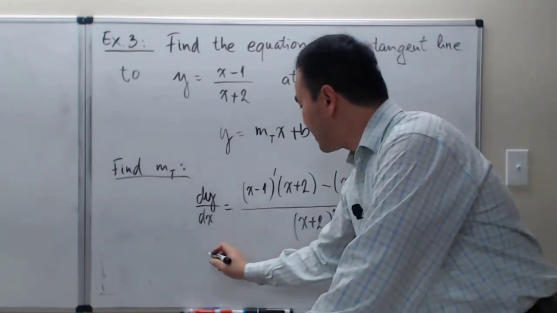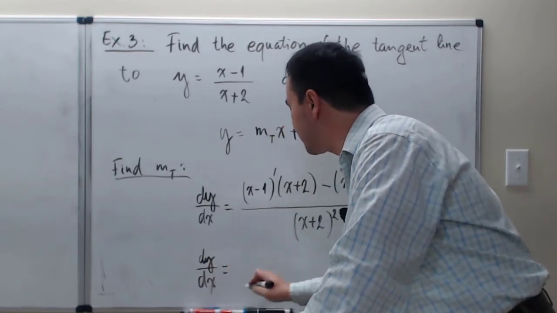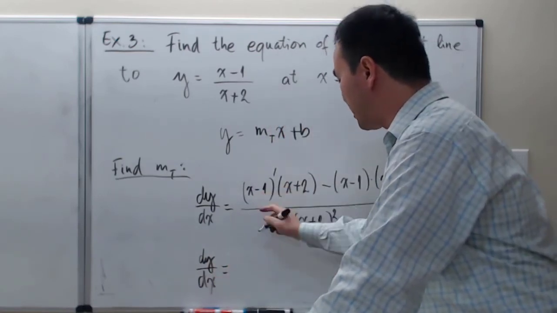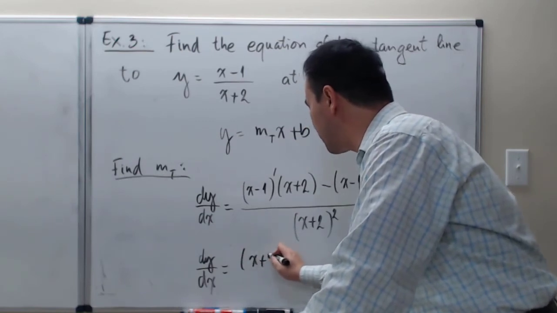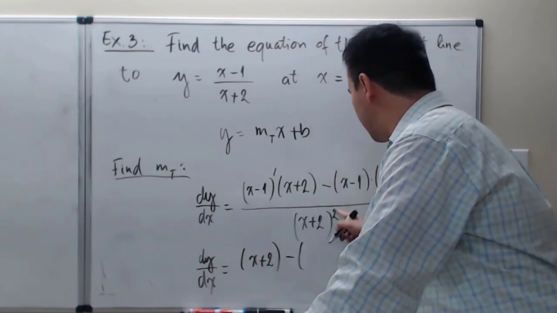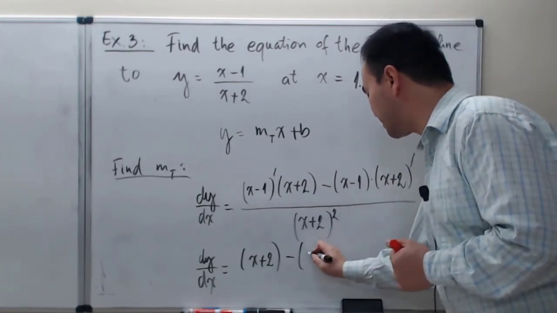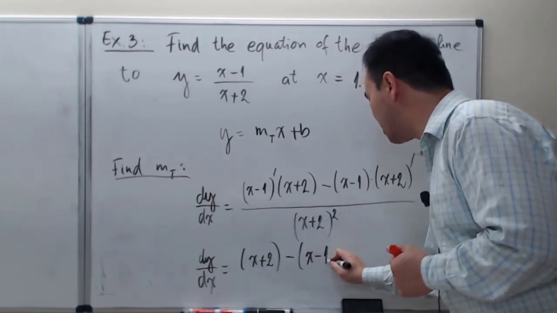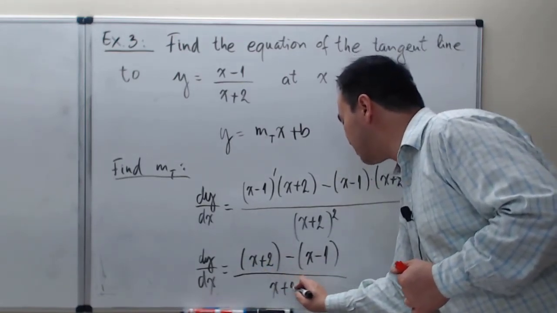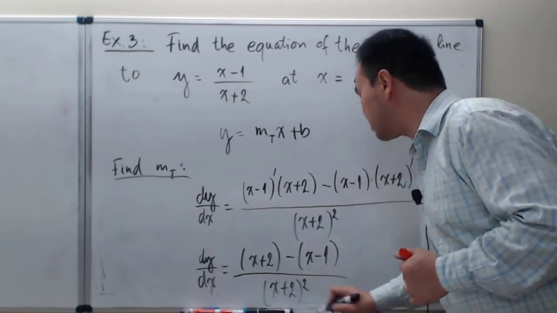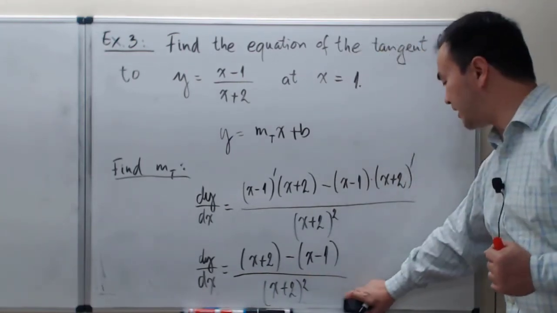Continuing further, dy dx is now: the derivative of x minus 1 is just 1. So 1 times x plus 2 is simply x plus 2, minus x minus 1 times the derivative of x plus 2, which is just 1 again. So I'm looking at only minus x minus 1, and we're dividing all this by x plus 2 squared.